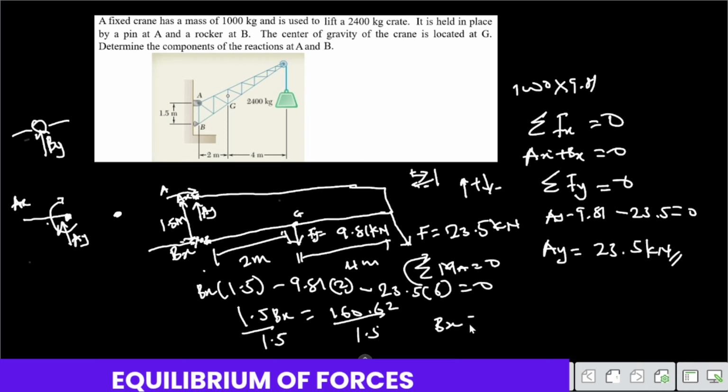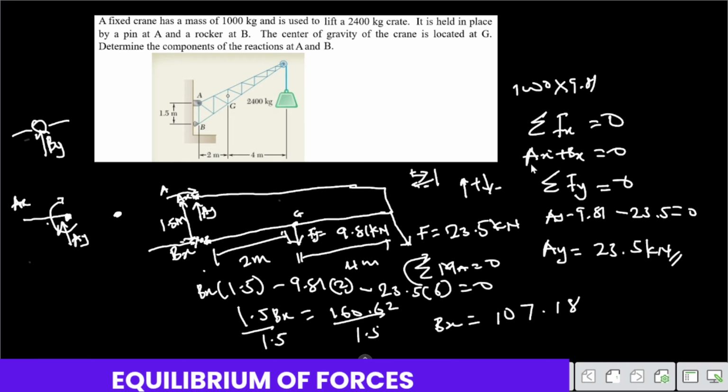So our Bx will give us a resulting value of 107.18. Okay, so that is Bx.